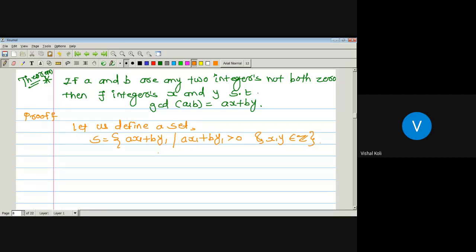Now, since at least one of A and B is non-zero, since already we have been given that A and B are any two integers and not both 0, it means at least one among them will be non-zero.